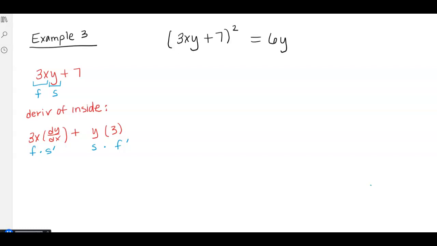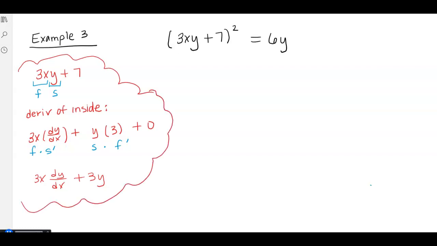And then that plus 7 on the end, we're just going to add a 0. Because 7 is a constant, that's not going to add anything. So it looks like the derivative of the inside here is going to be 3x dy dx plus 3y. So this is just something we're doing on the side here.